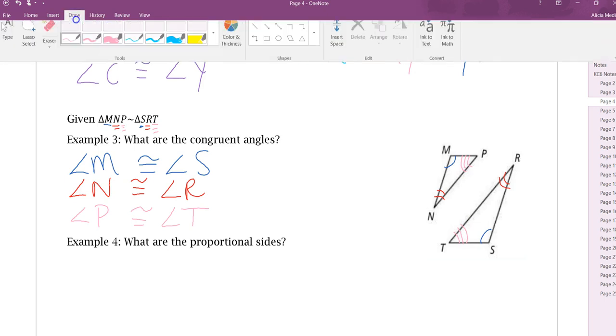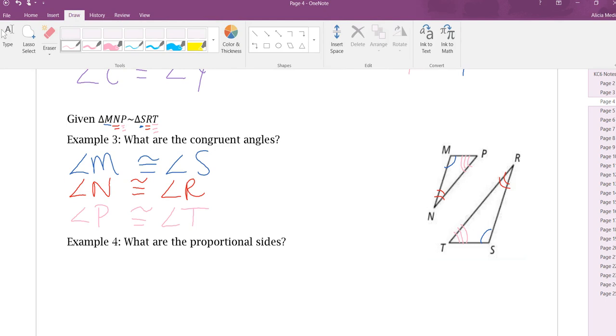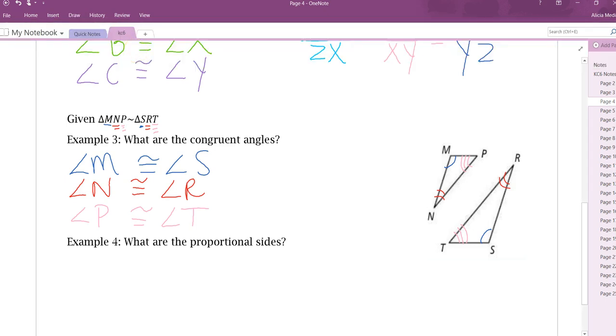So now I'm going to go ahead and look at my sides. I'm going to use the first two letters, M and N. So MN, so M was the blue angle to the red angle N, so that's going to be from S to R. You could also look at the similarity statement, right?